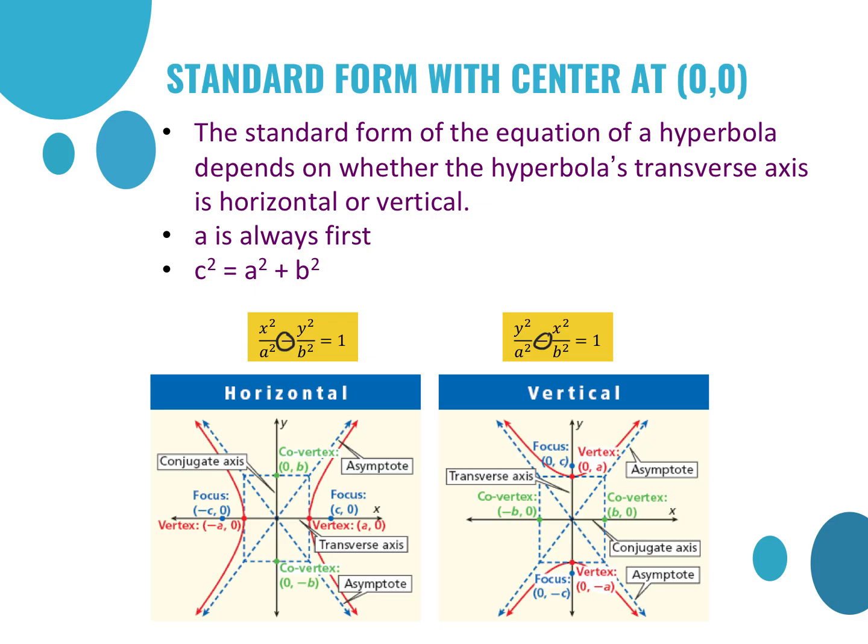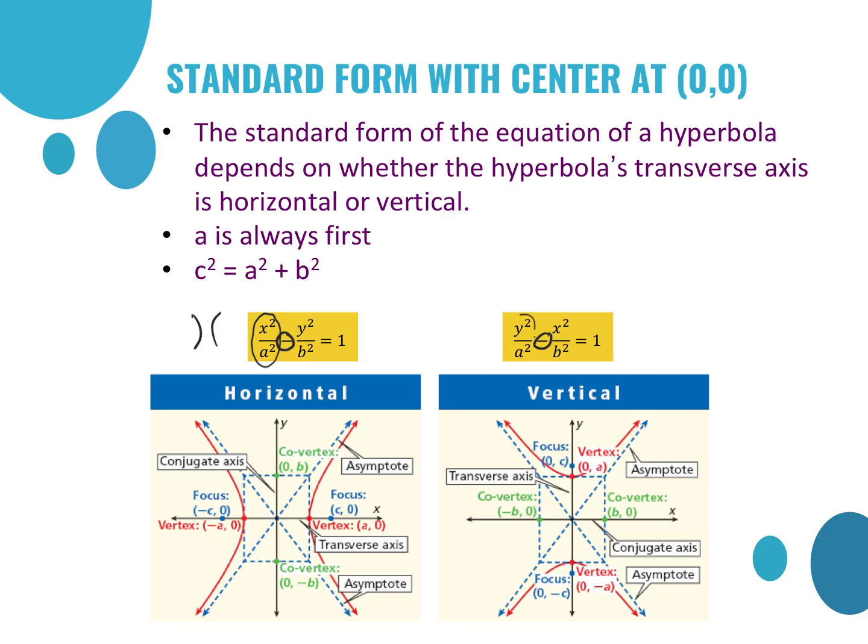Only thing is, if you remember with an ellipse, your A value is whatever was bigger. But in a hyperbola, your A value is whatever shows up first. So if it's an x squared over a squared, A is with the x, that means it's a horizontal hyperbola.